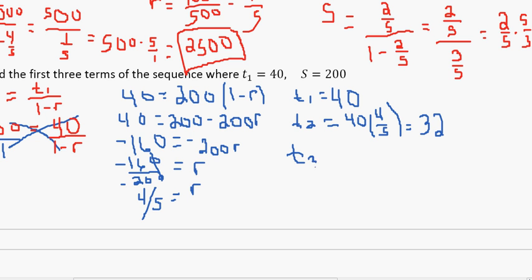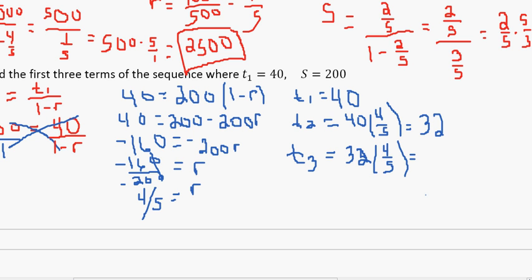And then to get the third term, I take the 32 times the 4/5. Okay, and I don't think anything cancels there. 5 doesn't go into 32 evenly.